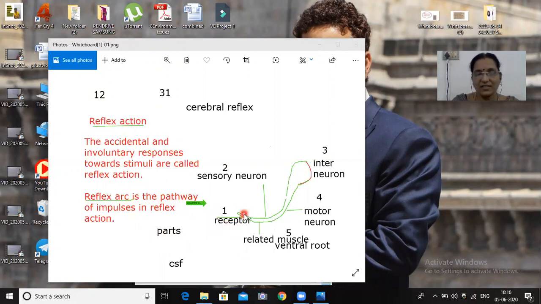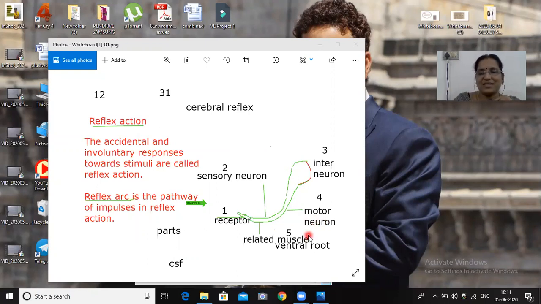If a hot iron touches here, the receptors are stimulated so that impulses are created. Impulses are carried by the sensory neuron. Sensory neuron carries these impulses to the spinal cord. Then there is a new neuron. It is a new term for you. Interneuron. Interneuron connects the sensory neuron with the motor neuron.